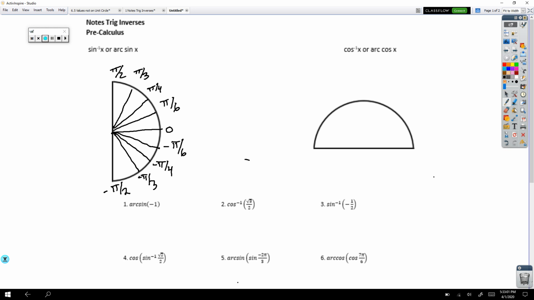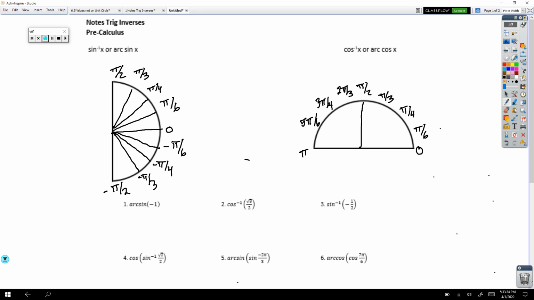The top half of the unit circle, quadrants 1 and 2, is going to start at 0 and go to pi. So I would have pi over 6, pi over 4, pi over 3, pi over 2, continuing my counterclockwise rotation, 2 pi over 3, 3 pi over 4, 5 pi over 6, and then pi.